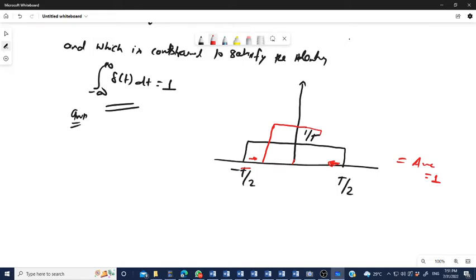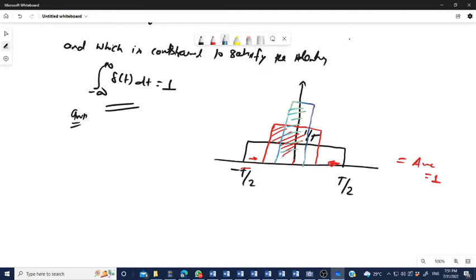It means we have to increase the height, or magnitude, so the area remains 1. Again we increase the height and reduce the width so that the area remains 1. So this is the condition now.